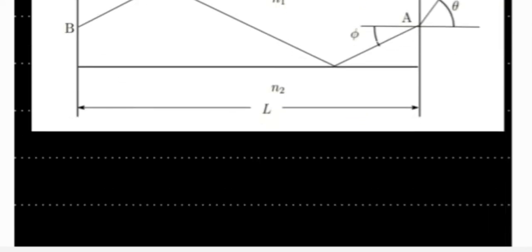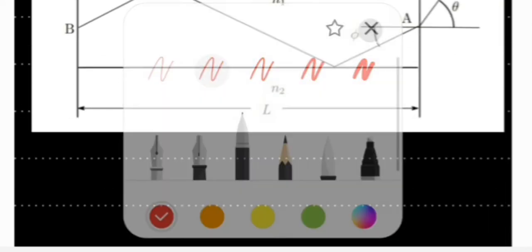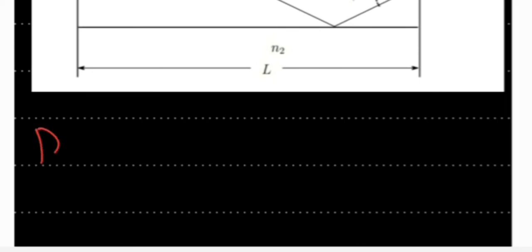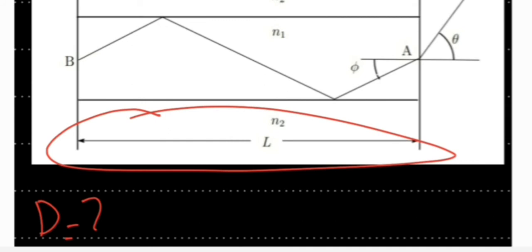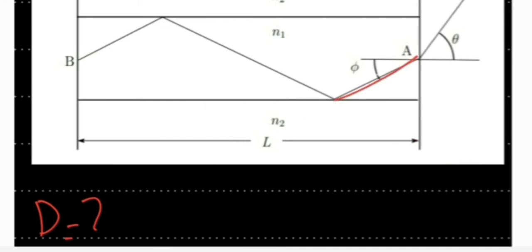So what is our objective? One, what is the distance? Because the distance is not L, okay? The light is going this, this, this.